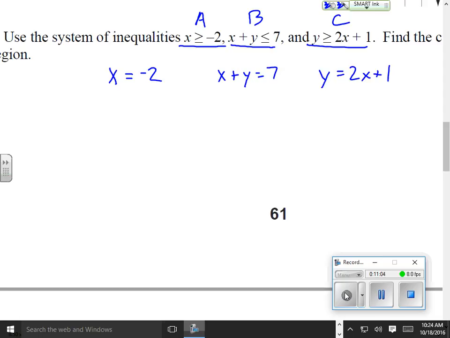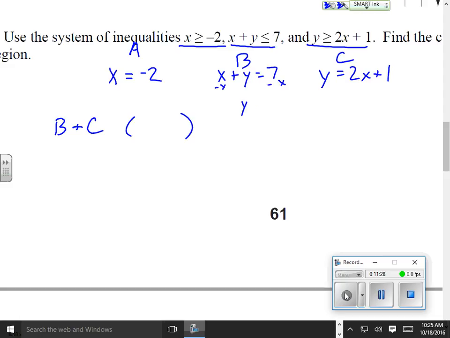Then the corners of that, again, there's A, there's B, there's C. So between B and C, what's going to be the point of intersection? Well, I can probably put that in the calculator. Subtract x from both sides so I can get it into y equals form.